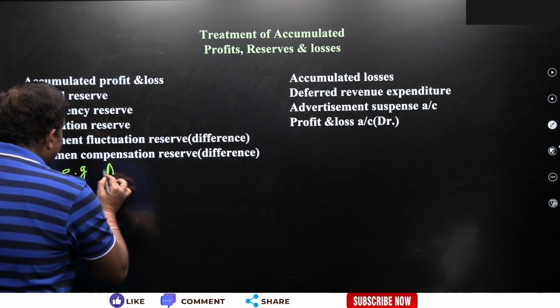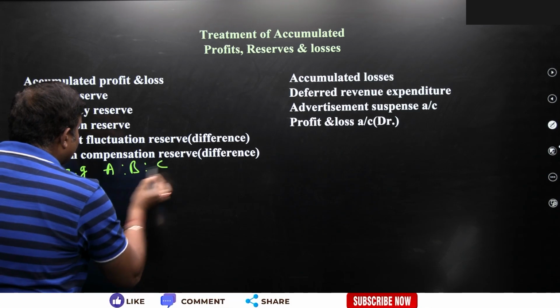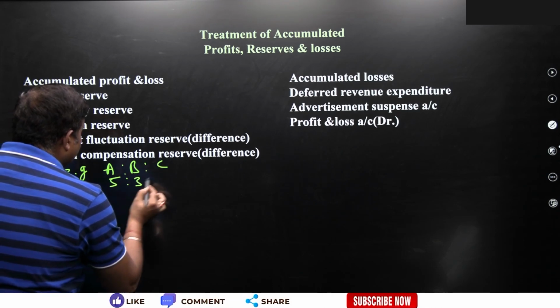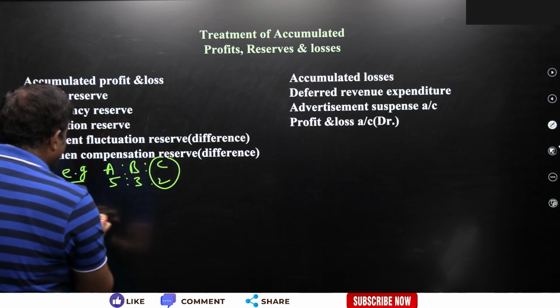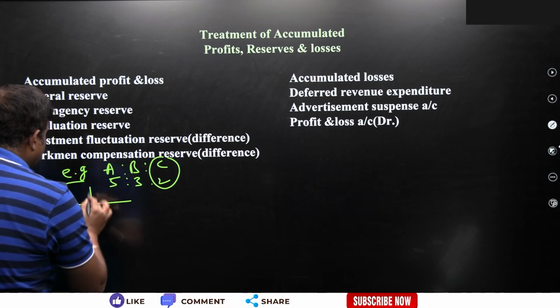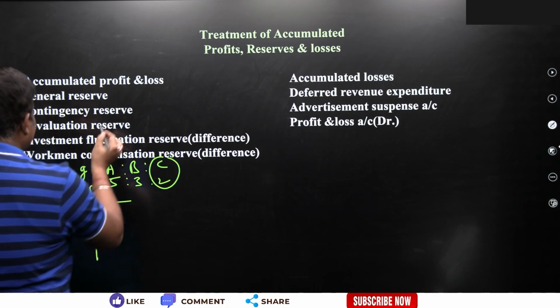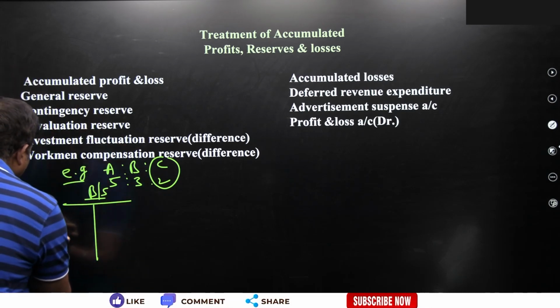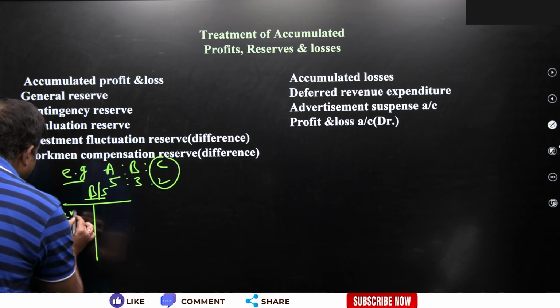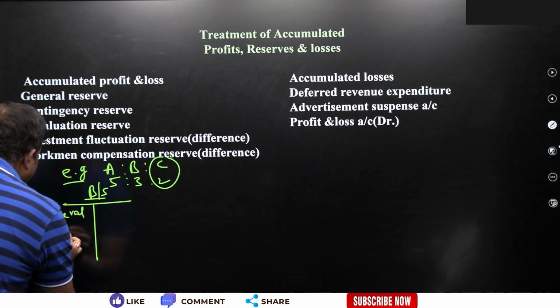Suppose A, B and C were the three partners having a share of 5:3:2, and suppose C retires. In the balance sheet, left hand side, I'll take one piece of information: suppose general reserve is given as 1 lakh rupees.